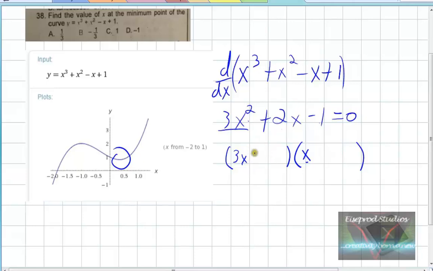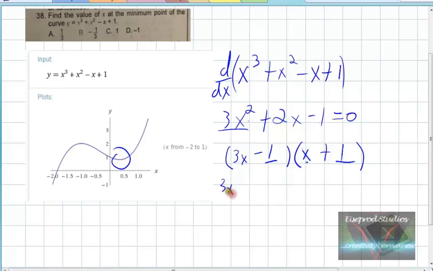The numbers that we put down here have to be negative 1 and positive 1 because we need them to multiply to negative 1. So I'm going to start with putting the negative 1 here and saying plus 1 here. And then let's multiply this out and see what happens. So we can multiply these first two terms.